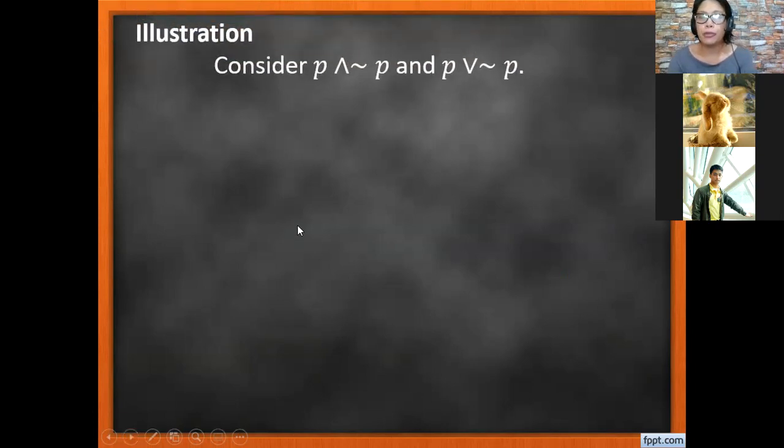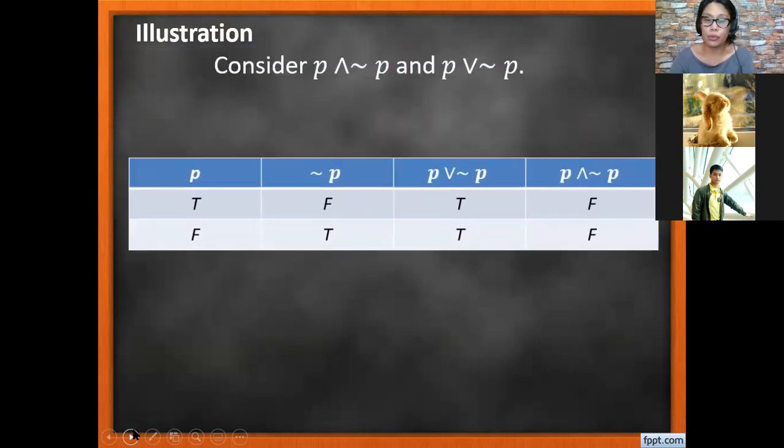Now, I'd like to concentrate on equivalent statements. Let's consider P and negation of P, and P or negation of P. Let's see that by constructing a truth table. If we have two truth values for P, if P is true, of course, you will all agree that negation of P must be false, right?